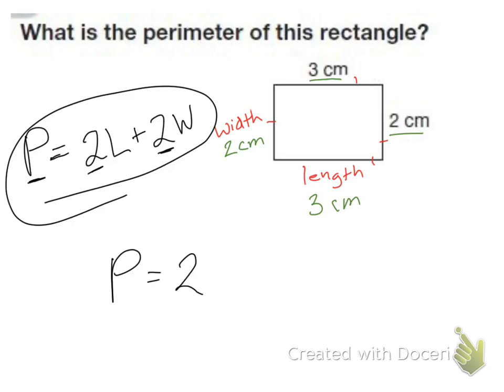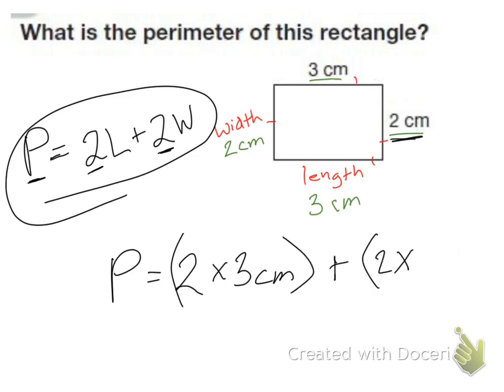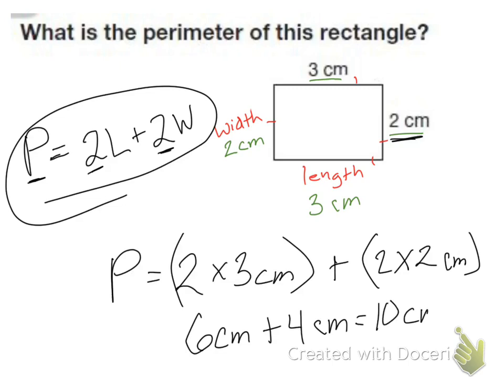Sorry, I wrote that wrong. 2 times 3 centimeters. There we go. Plus 2 times the width, which is 2 centimeters. Okay, so 2 times 3 centimeters equals 6 centimeters, and 2 times 2 centimeters is 4 centimeters. 6 plus 4 equals 10 centimeters. So it works either way. Sometimes it's easier to multiply first instead of adding all the numbers.